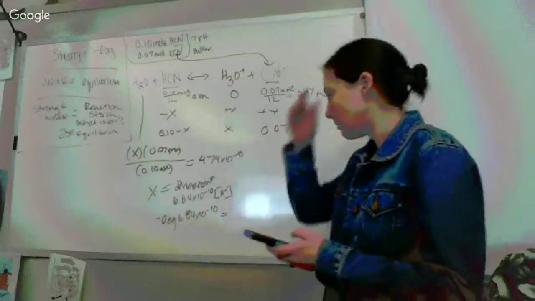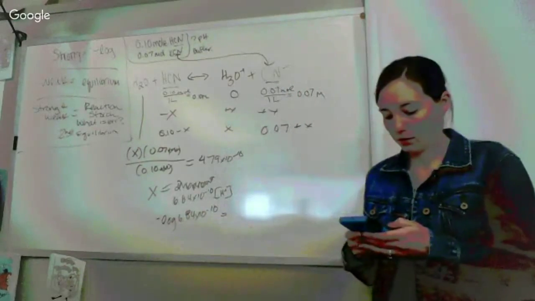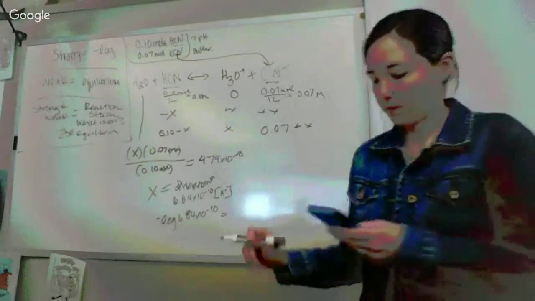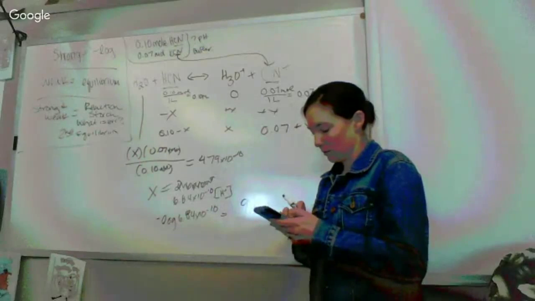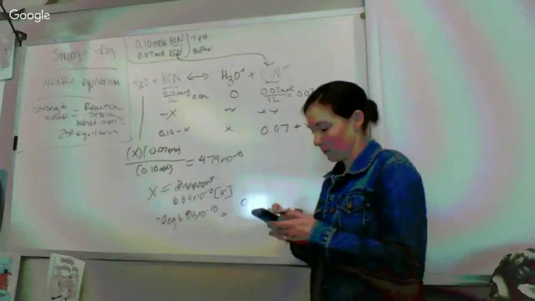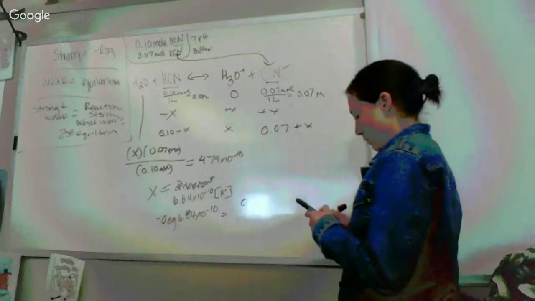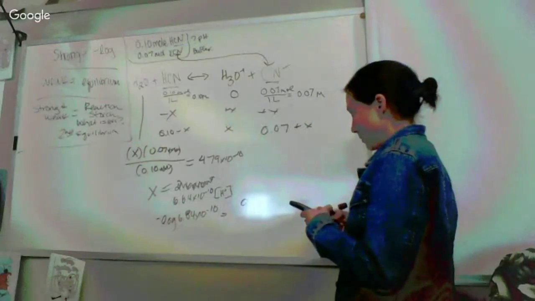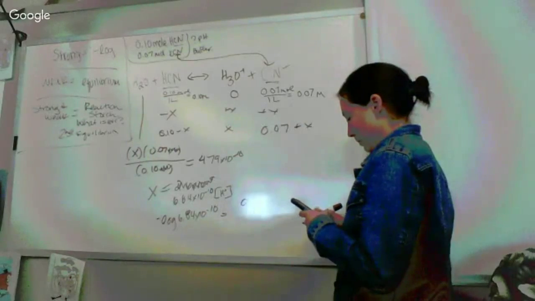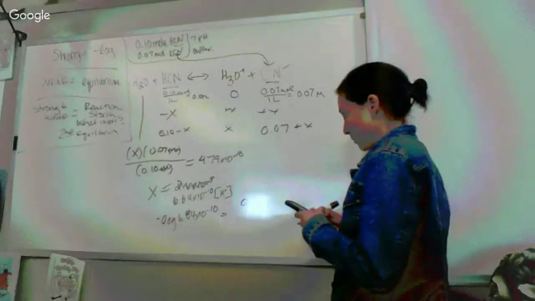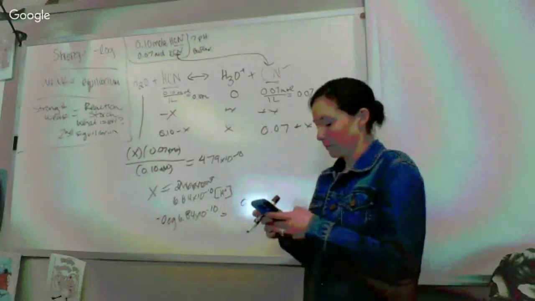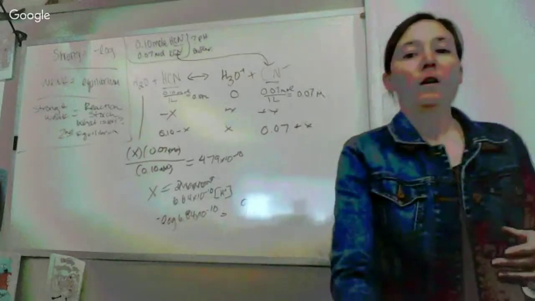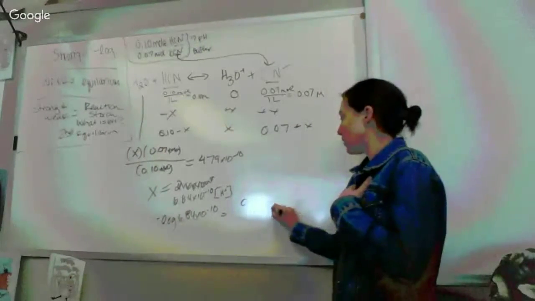Okay, so what did we get? We got 9.6, is that what we said? 9.16. All right, so we're going with this as our pH.